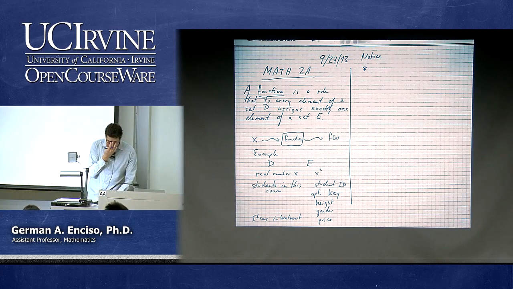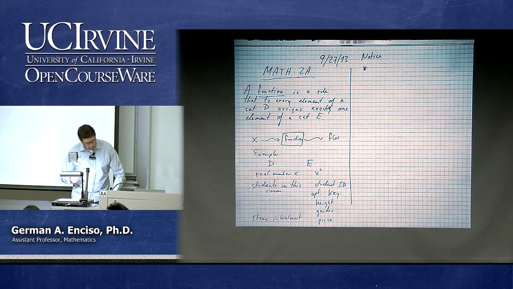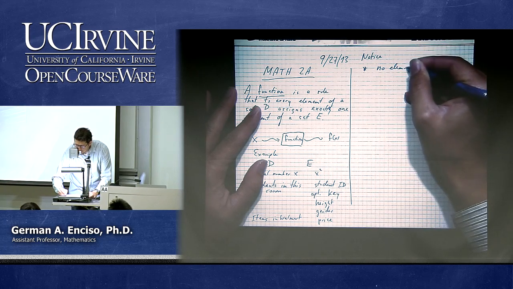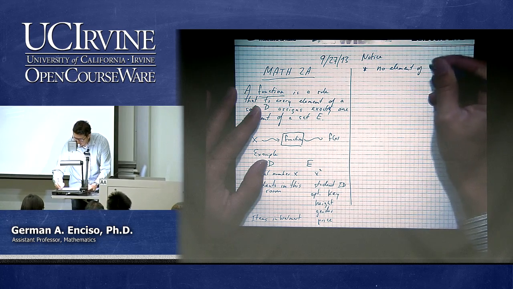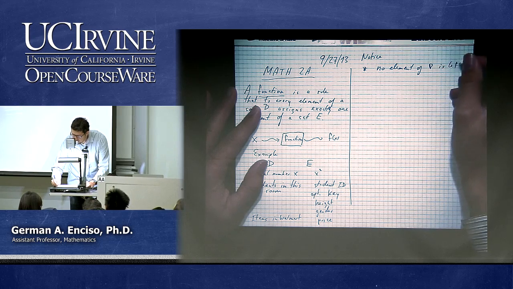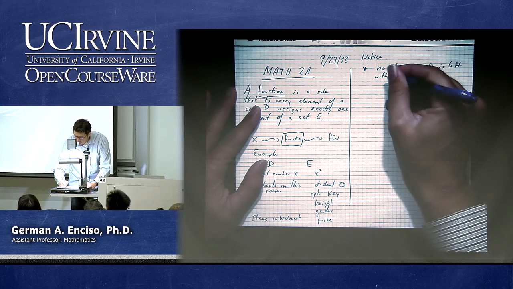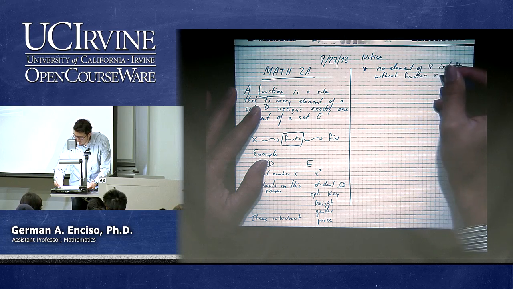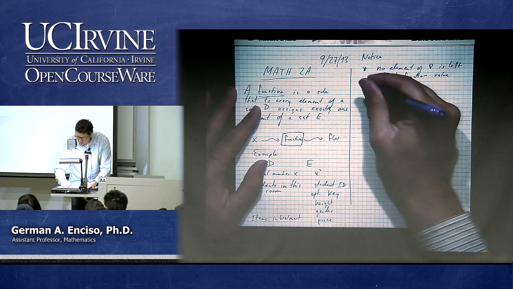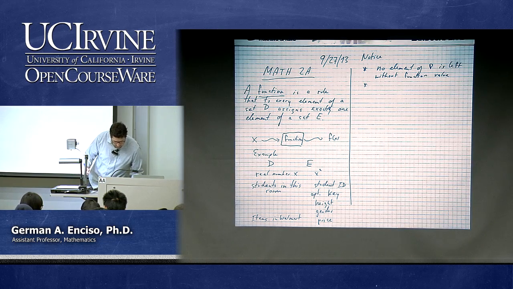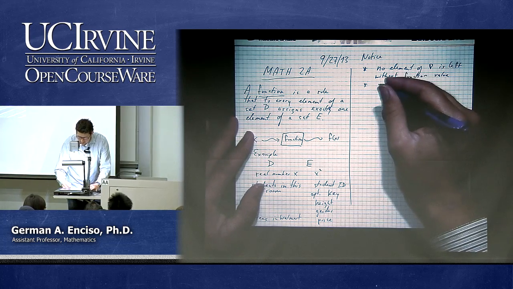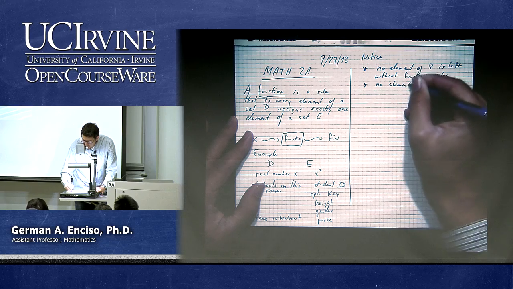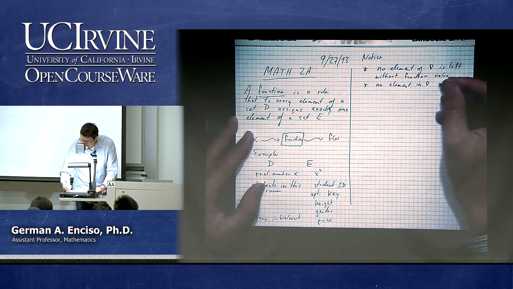One of them is that no element of D is left without a function value. Another one is that no element in D can have more than one value.